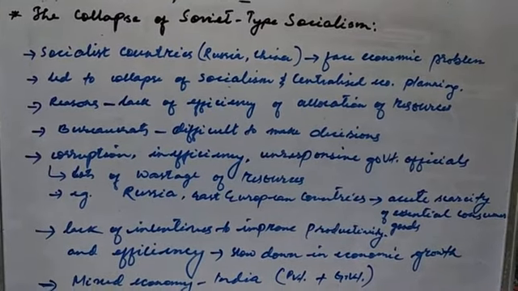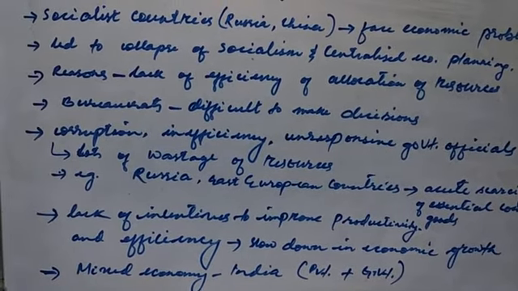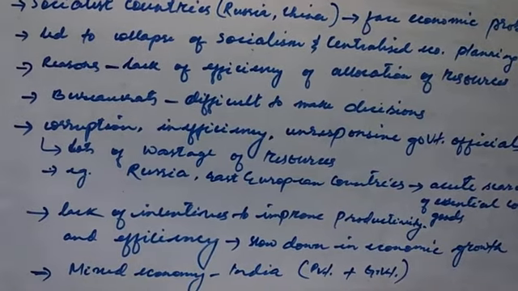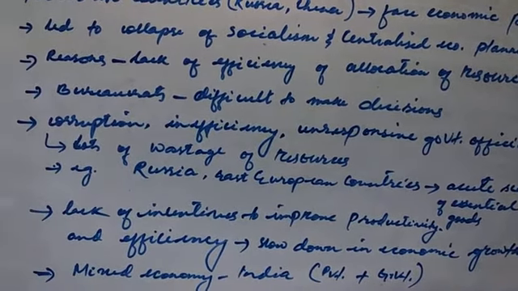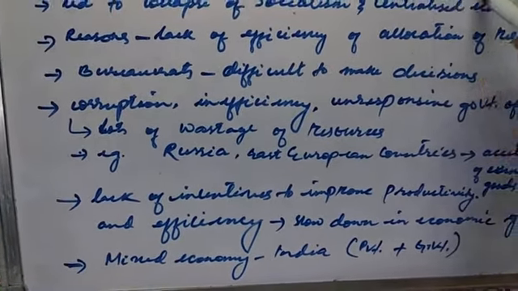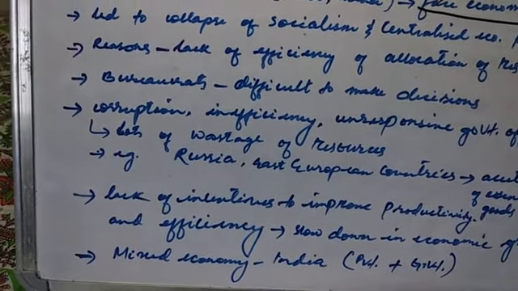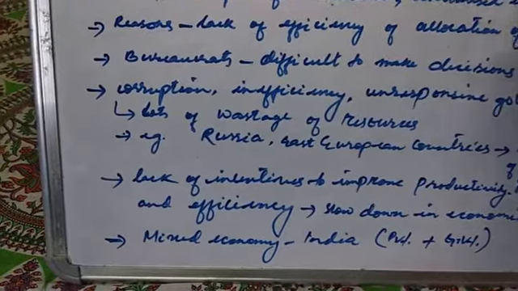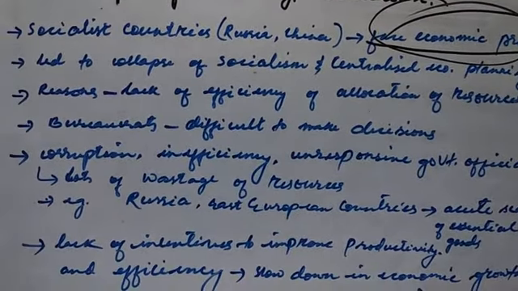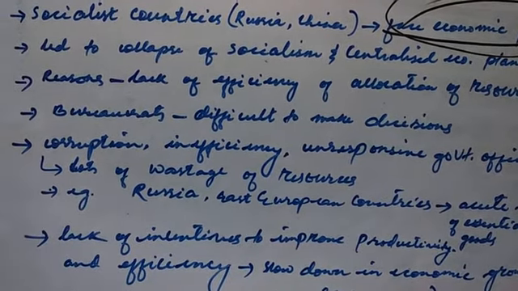Socialist countries such as Soviet Russia and East European countries, which were adopting this centralized planning to solve these central economic problems, faced severe economic problems. This obviously led to the collapse of this Soviet type socialism, which is based on centralized economic planning.